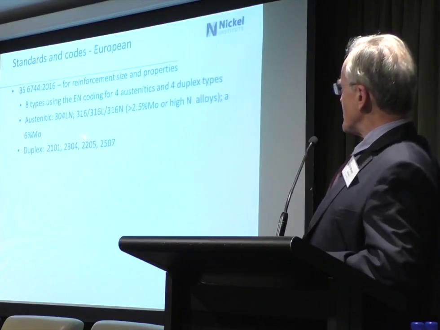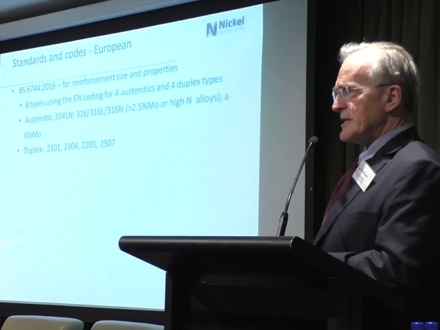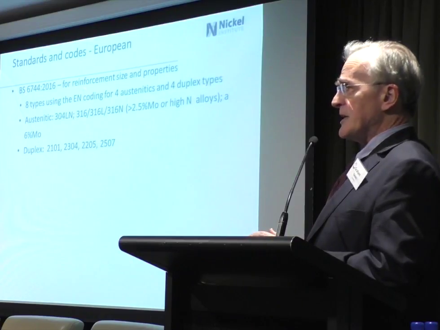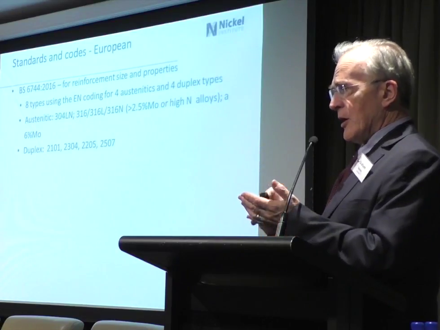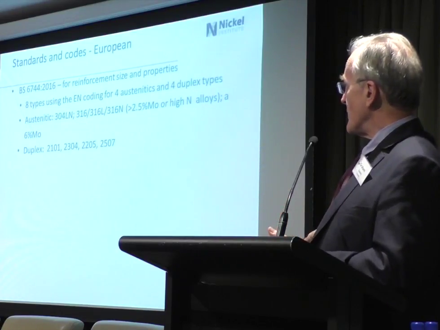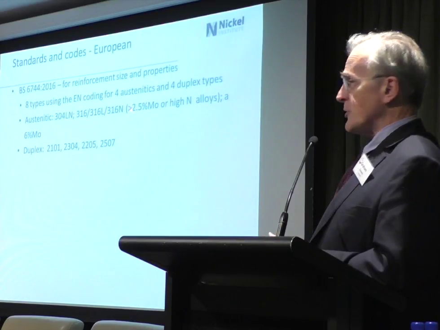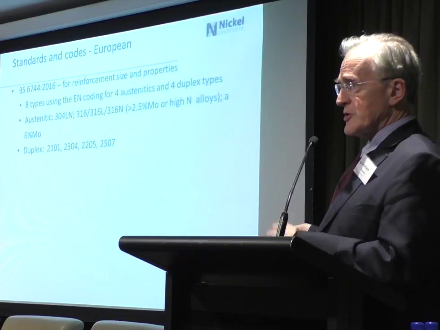You might note this end bit, because what tends to happen is that these standards are always looking for the higher strength side. So they're talking higher strength by N, and then they probably look at going for slightly higher corrosion resistance by putting in the 2.5% moly limit rather than the 2% moly limit, which is what we're used to here.